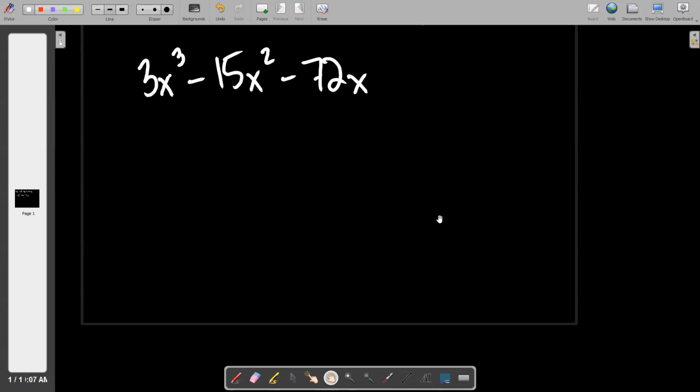So the first thing we want to look for is, is there something that's in all of them? Because without that, a lot of the problems we try to do are going to be literally impossible. So our first observation is like Kinsley said, this, and this can all be divided by 3. So I'm going to pull out a 3.